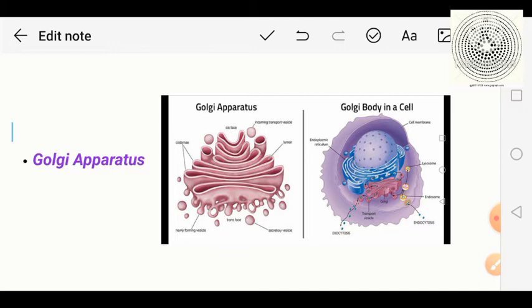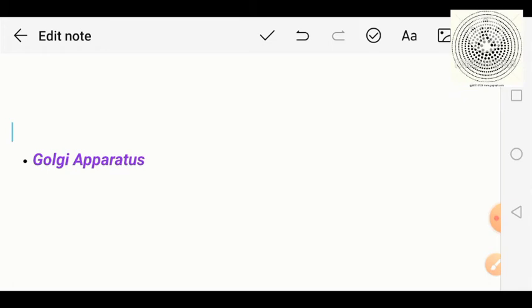Obviously this Golgi complex is a membrane bound structure which has a very important role inside the eukaryotic cell, especially in the synthetic activity of the cell.